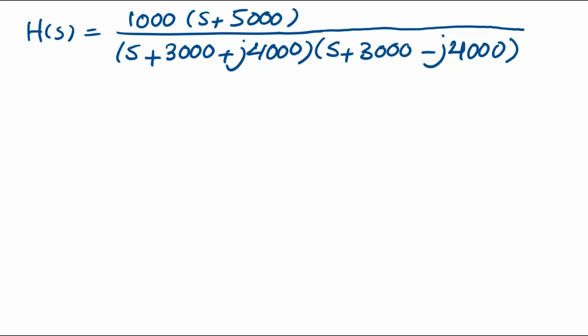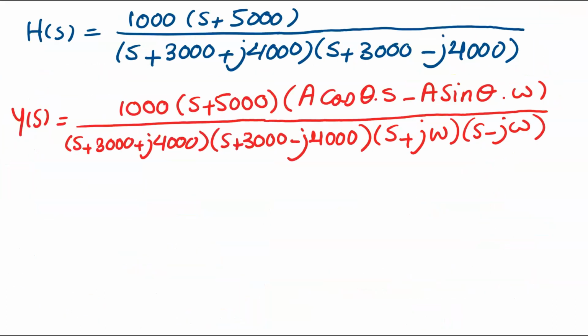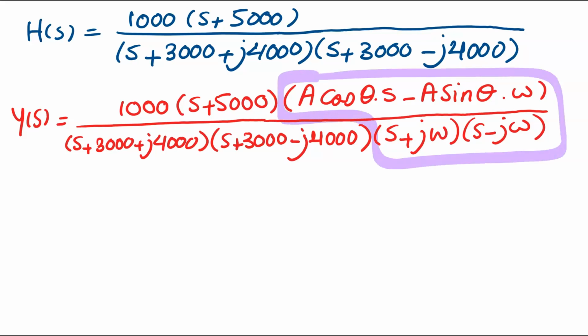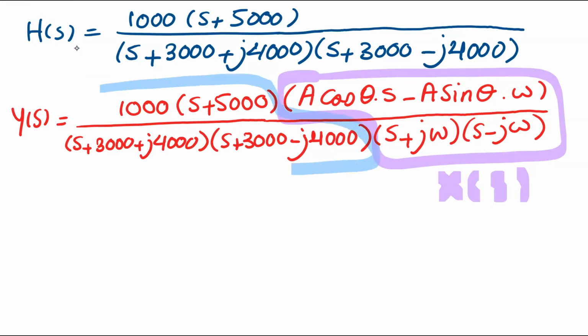Now, if I multiply this H(s) by X(s) that I have here, I'm going to have this Y(s), which is the result of X(s) multiplied by H(s).